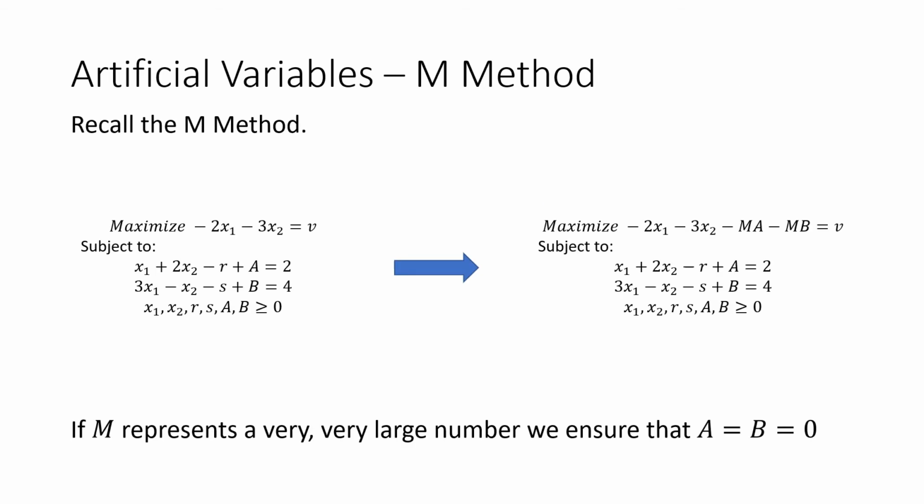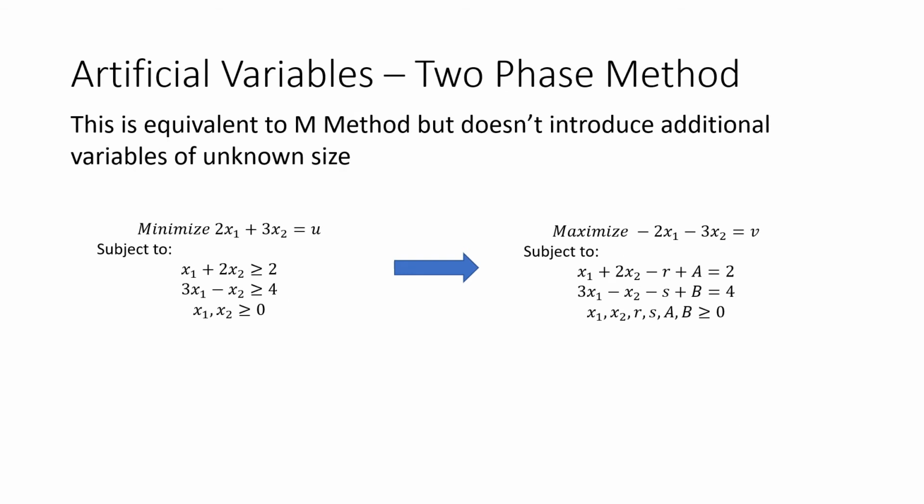Well, if you recall the M method, by setting a very large number times those variables and subtracting it, making it negative, we guarantee that they're equal to 0. Well, here's another way of guaranteeing they're equal to 0. In the two-phase method, we aren't going to introduce variables of unknown size.